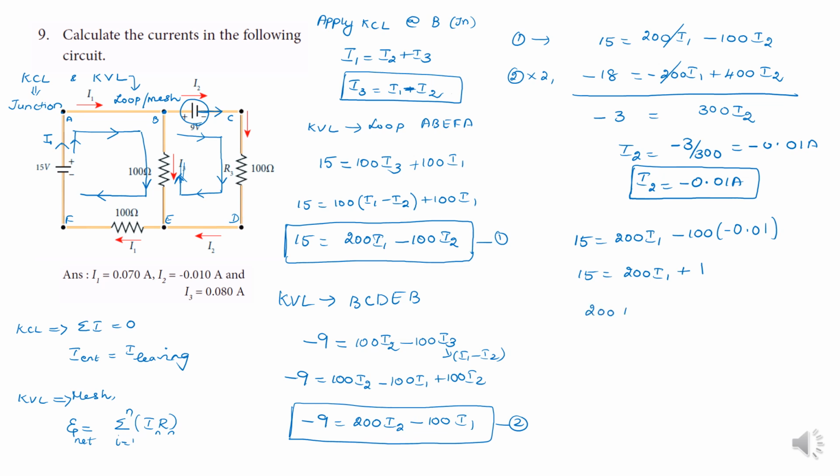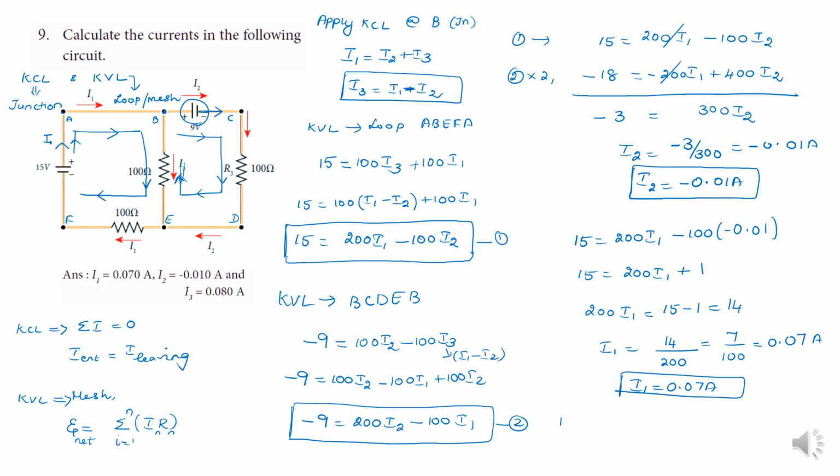So 200 I1 is equal to 15 minus 1, which is 14. I1 is equal to 14 by 200, that is 7 by 100, which is 0.07 amps. So I1 is equal to 0.07 amps.